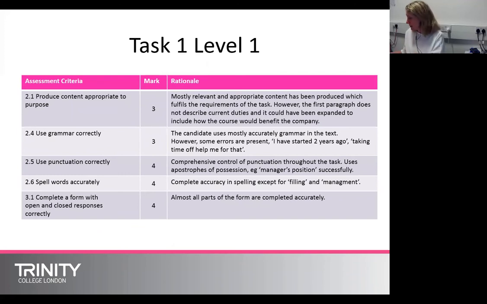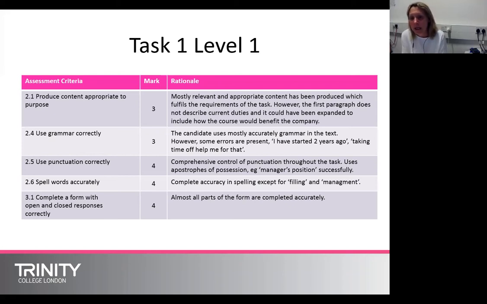So this candidate at level 1, the form, 3 marks for produce content appropriate to purpose. So mostly relevant, appropriate content has been produced which fulfills the requirements of the task.